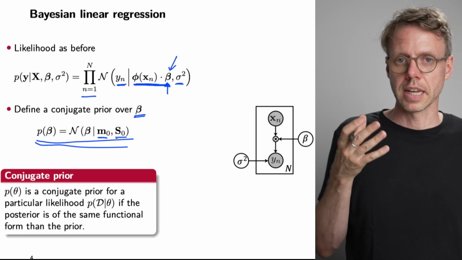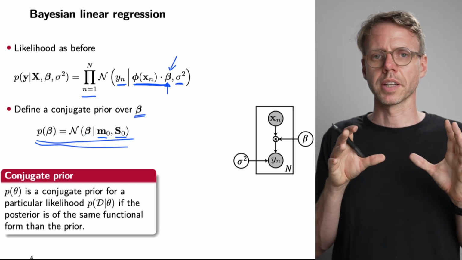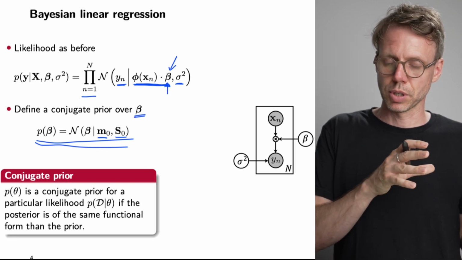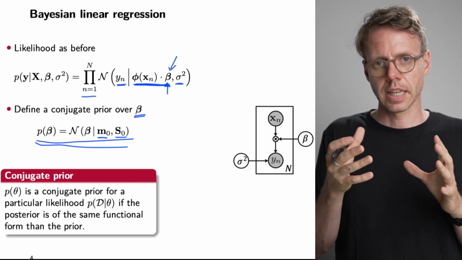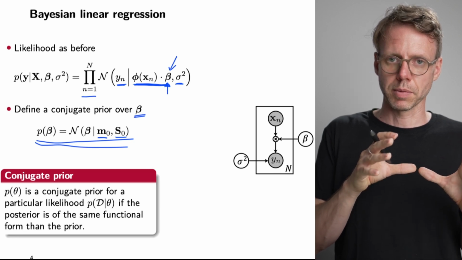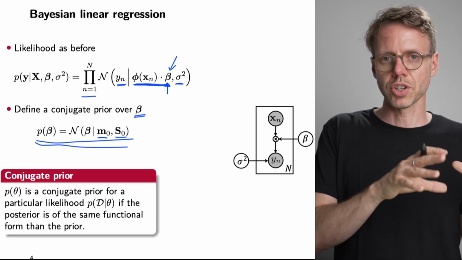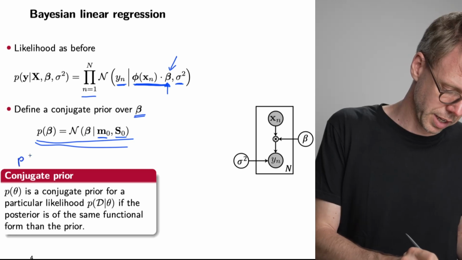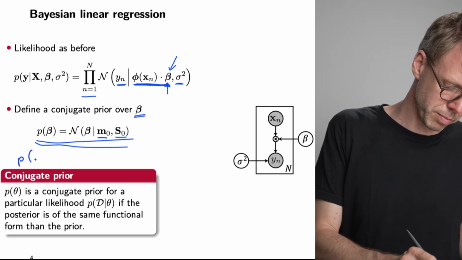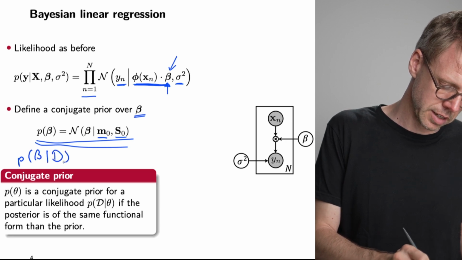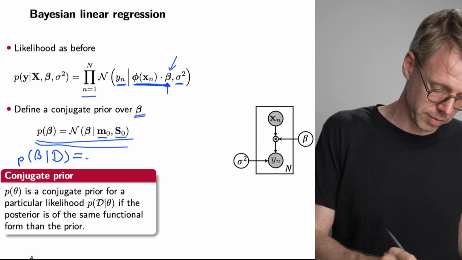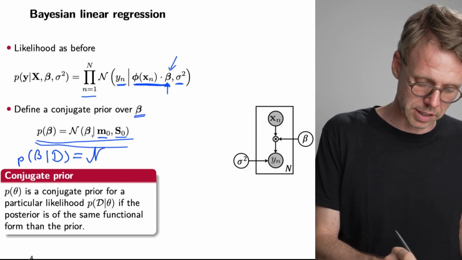Remember that a conjugate prior for a particular likelihood, P of d given theta, is a prior that will have the same functional form as the posterior distribution. So we already know that the posterior distribution, P of beta given our data, will be a Gaussian distribution because it has the same functional form as the prior distribution.